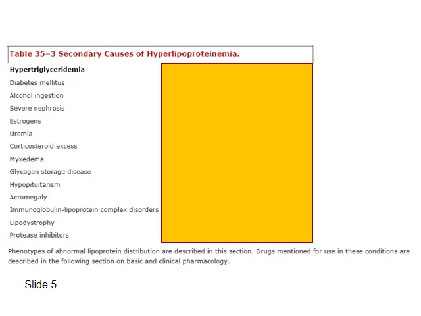And these include things like diabetes, excessive alcohol ingestion, and in fact, several different types of agents may affect triglyceride levels, and so that's important to keep in mind if you're treating a patient with some of the drugs that are listed here. For example, estrogens or protease inhibitors.